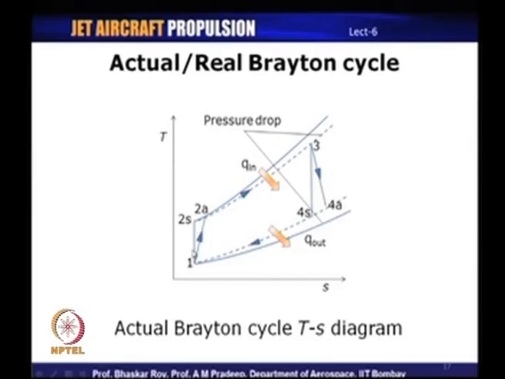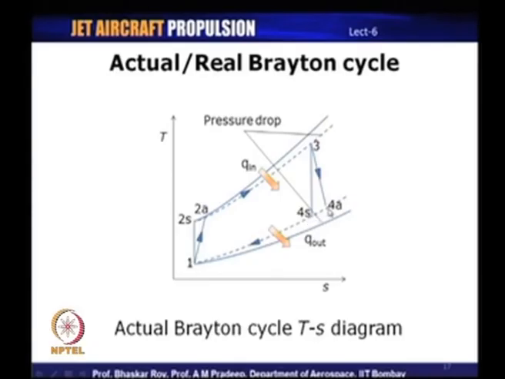The actual process takes place between states 1 to 2a. During the heat addition process, as you can see, there is a change in the pressure. It is not a constant pressure process. There is a pressure drop, and therefore the temperature at the end of this process is 3, and the third process is an expansion process. Again, it is non-isentropic.